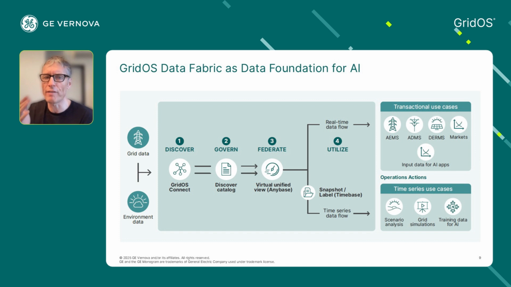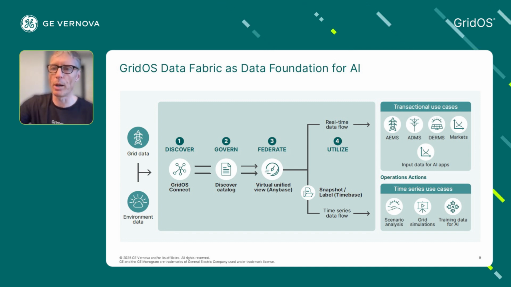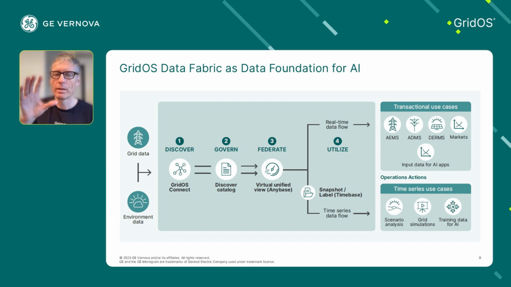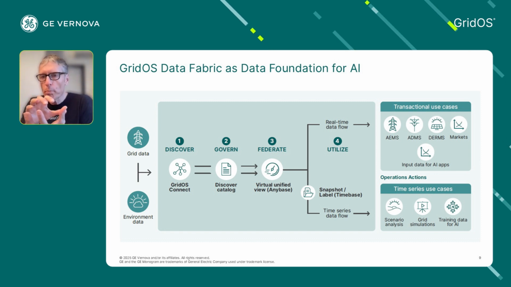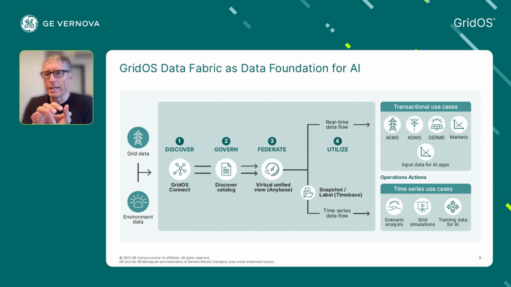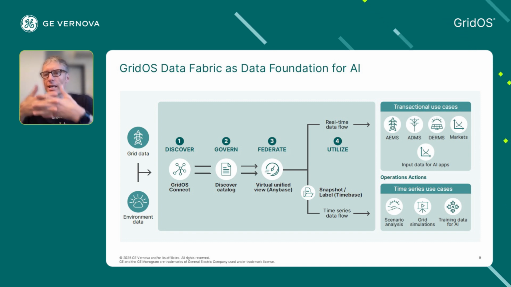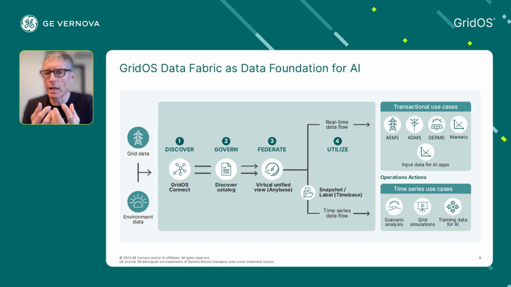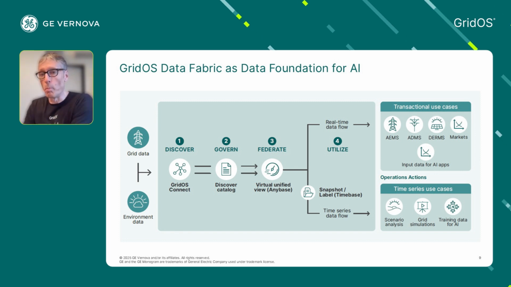And the data fabric, and that is maybe important, is explicitly built to support the AI-empowered future. And to make it short, because we are running out of time, as expected, the data fabric is both providing the foundation for operational transactional use cases, but it's also providing the good data you would need to train your models.